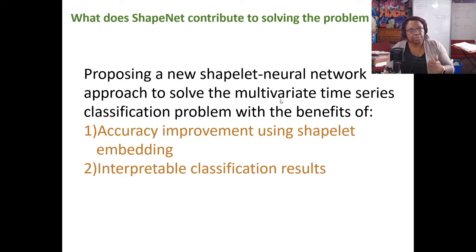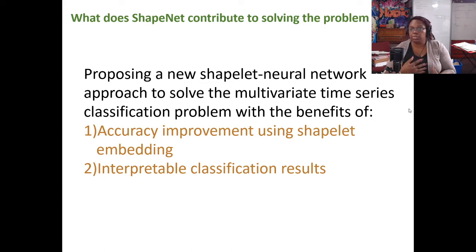So here, what they're proposing is a shapelet neural network approach to solve the multivariate time series classification problems, which should give these two benefits: accuracy improvement using shapelet embedding.